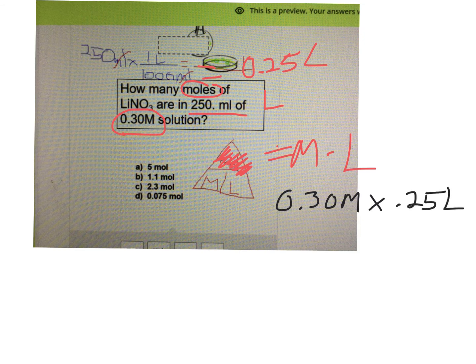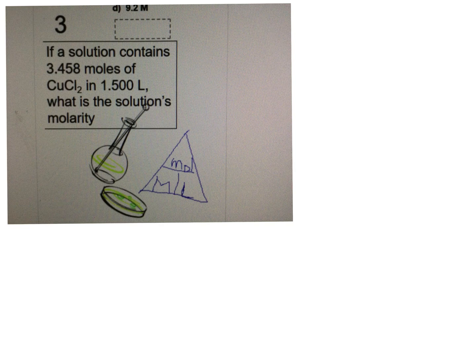Put that through the calculator. And this will give you your moles of lithium nitrate. I got 0.075 moles. What did you get? Okay, are we doing okay? All right, let's go to the next one.